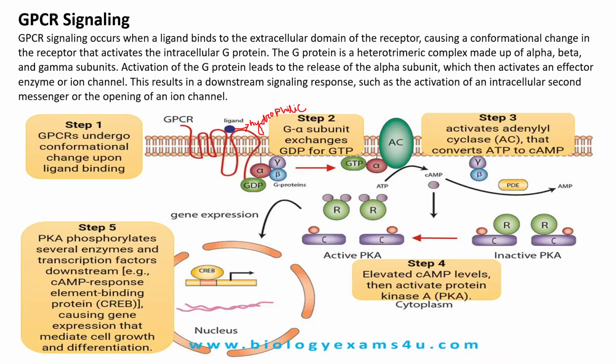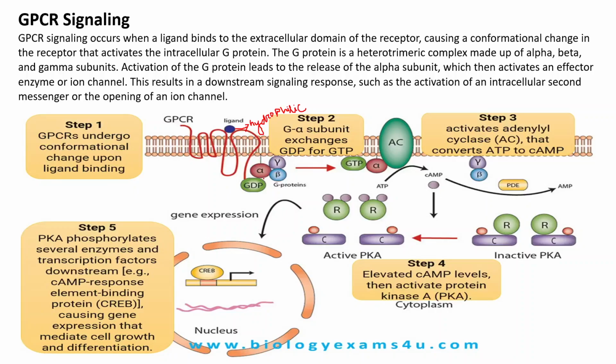Once this ligand binds to the receptor molecule, it leads to conformational changes, which lead to the activation of the G protein present in the cytosolic part of the receptor.